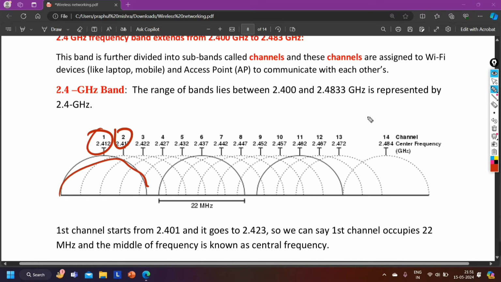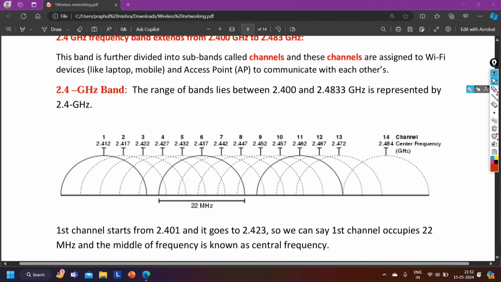But don't worry, guys, I am going to break this diagram down today, right? After just 5 minutes you will have a clear understanding of this diagram. So these are nothing but channels 1, 2, 3, 4, 5. These are channels, right? So there are 14 channels in the 2.4 gigahertz frequency band.